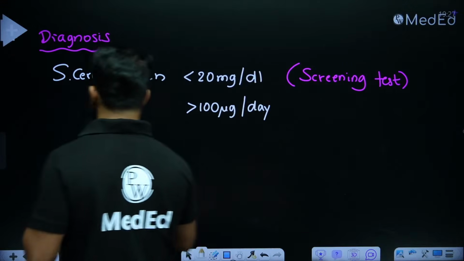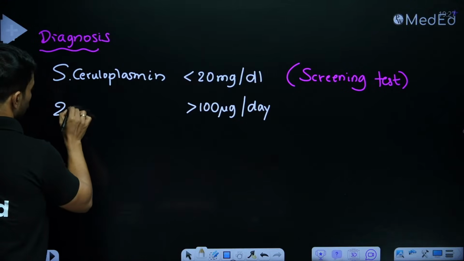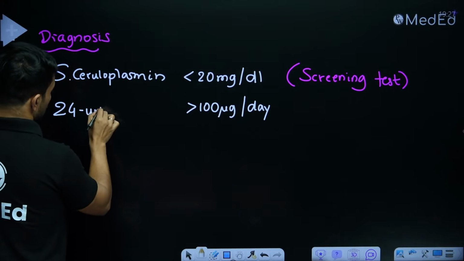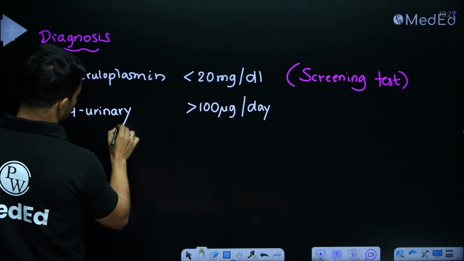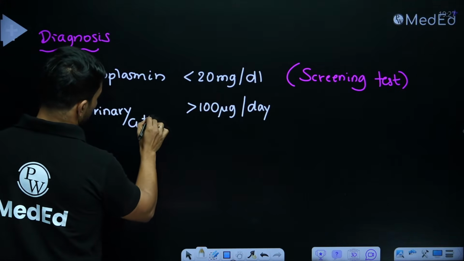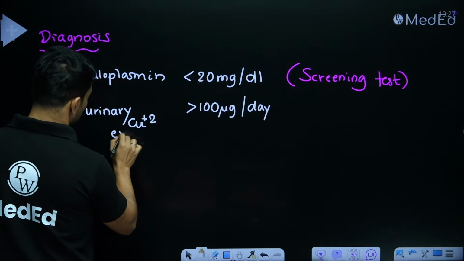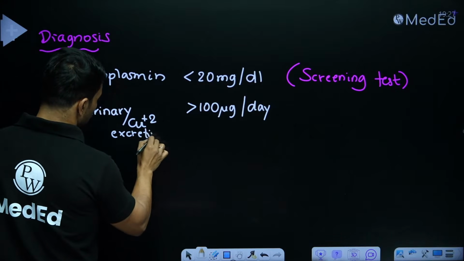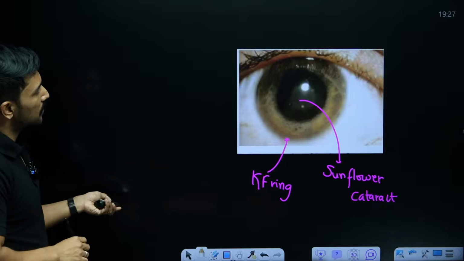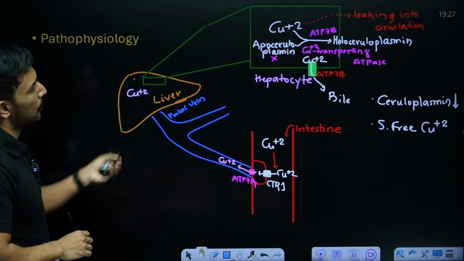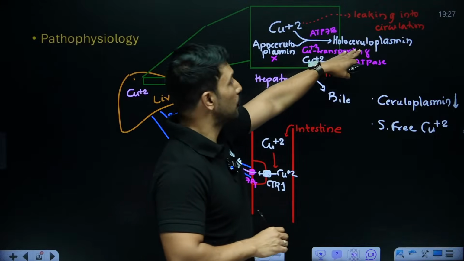For further investigation, you can do 24-hour urinary free copper excretion. As I've already told you, in Wilson disease, the free copper starts leaking into the blood from the hepatocytes because it is not getting packed into the ceruloplasmin.